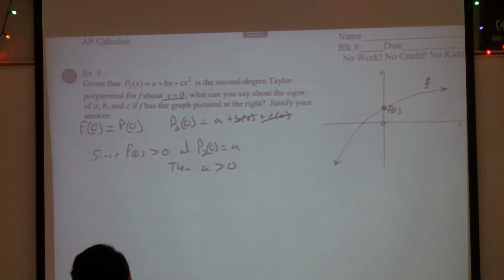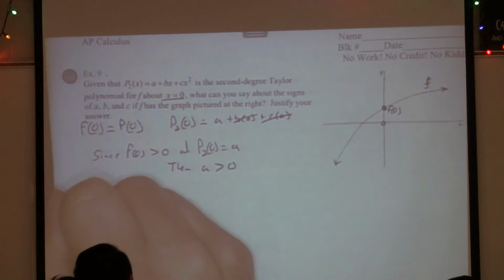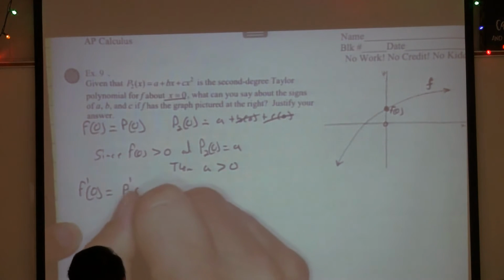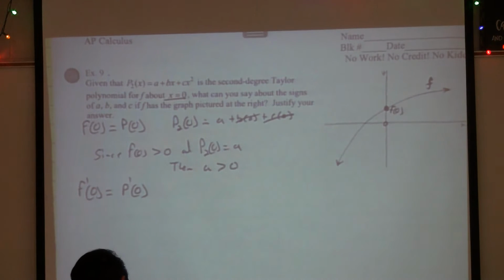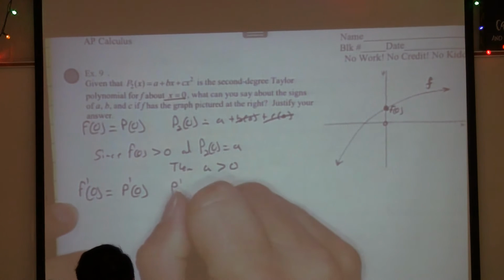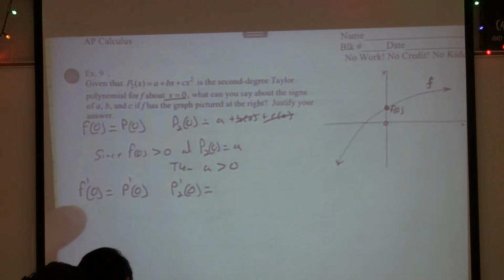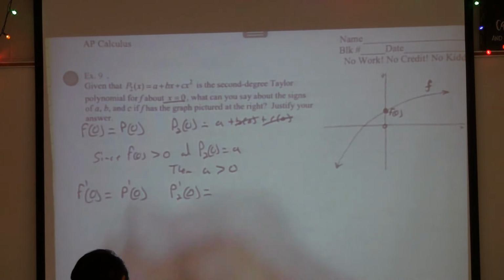What could we use to find the b? The derivative of f? So let's see, the first derivative of f at 0 should equal the first derivative of p at 0. And what's the first derivative of p at 0? What would be the first derivative of this function? Maybe we should start off by writing that.